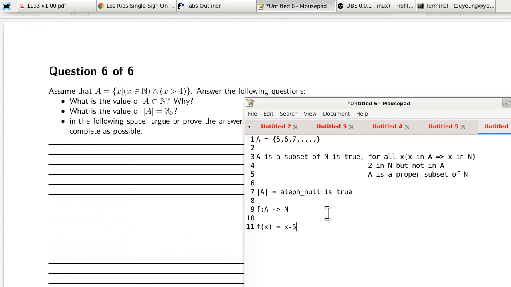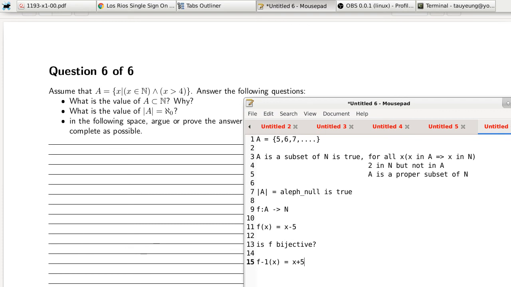Now you can see how f is mapping every element of A to elements in N. So now the question is, is f bijective? There are two ways to prove that it's bijective. You can say there's an inverse function, f inverse is x plus 5. The fact that it has an inverse function means that it is bijective. So that's pretty easy to argue.